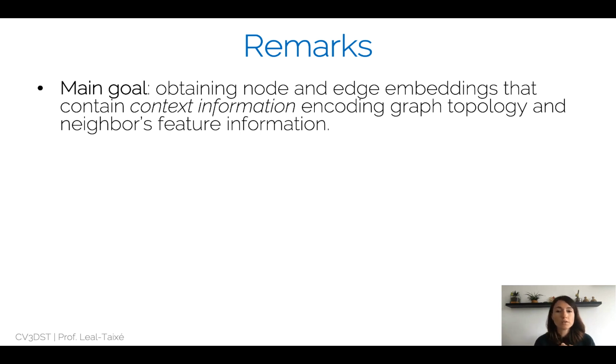So if I'm a node, first of all, I want to learn about my immediate neighbors, and I want to encode their features. I want to know what they are actually seeing and what they are actually processing. And the only thing that we do when we perform the message passing steps of a graph neural network is to pass along the information in the graph.